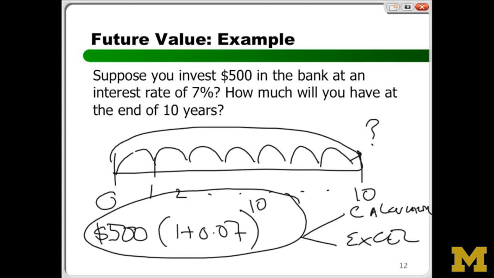But to solve the problem, we'll have to do what? We'll have to go to Excel. And I'll show you a very simple way of doing Excel. Okay, so let's see.